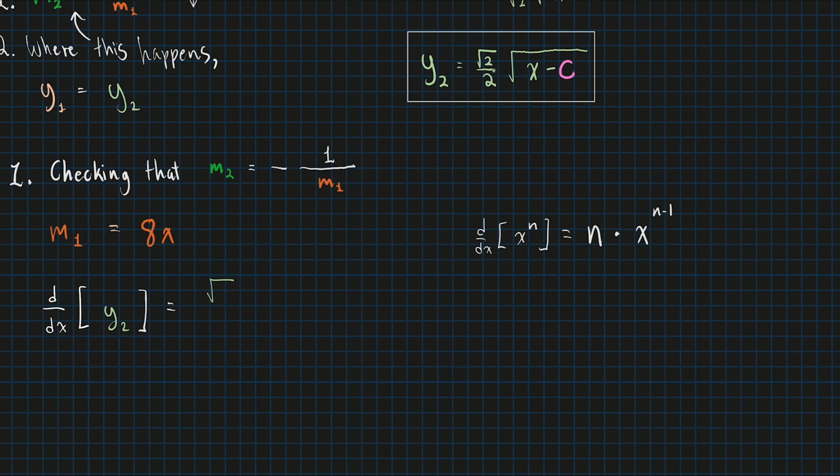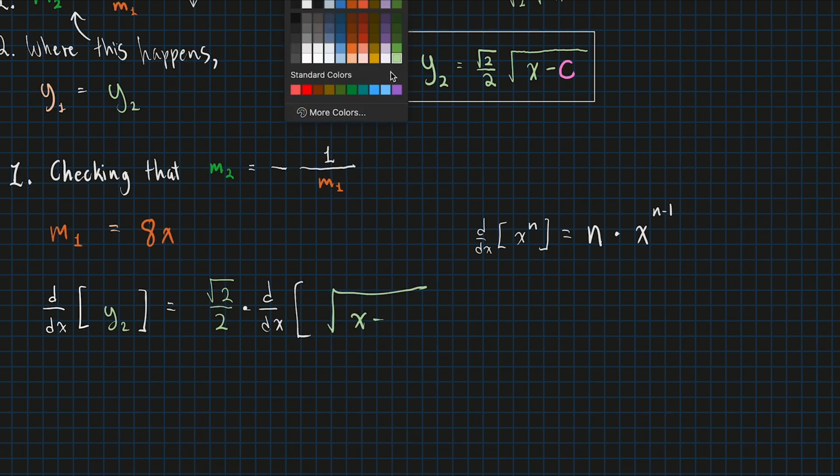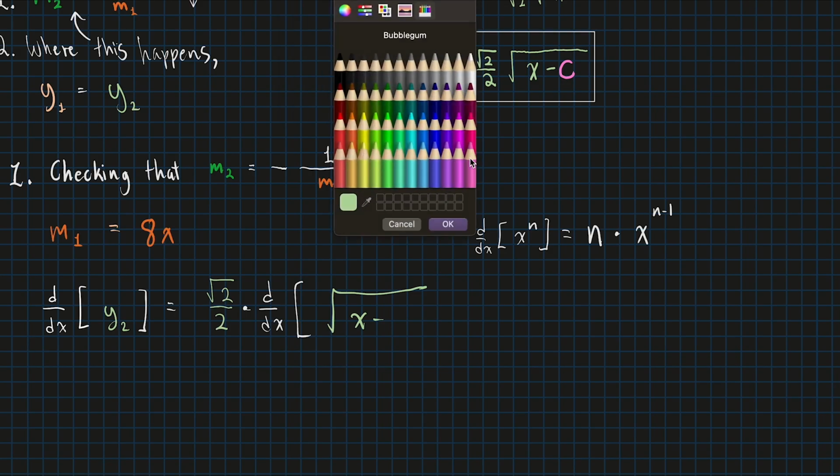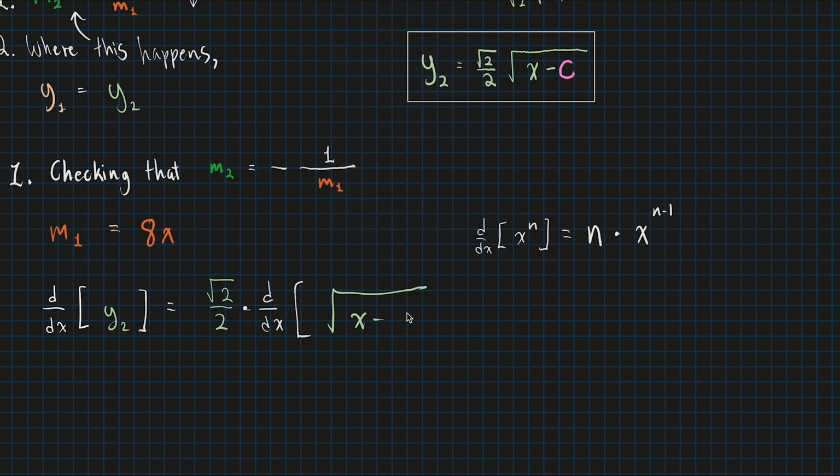Alright, when we're taking the derivative of an expression where there's a constant out front, we can always take that constant out and just take the derivative of whatever x is in. So that's square root of 2 over 2 times d over dx of the square root of x minus c.